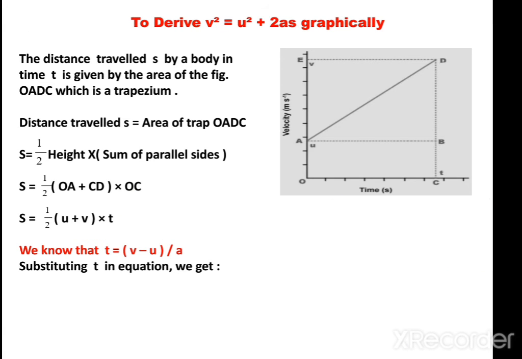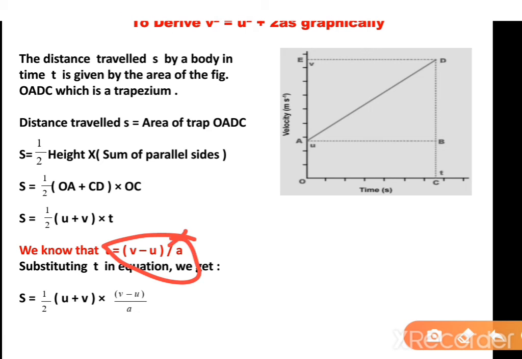So we get S is equal to half into U plus V into, in place of this T I am substituting V minus U upon A.